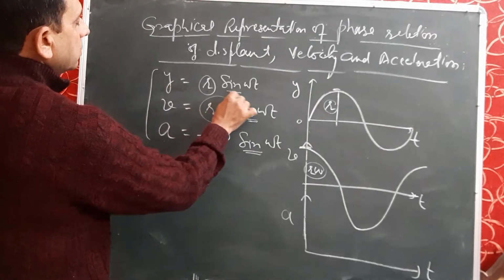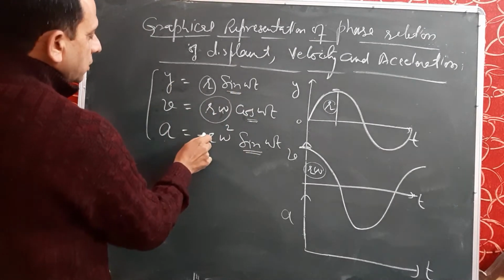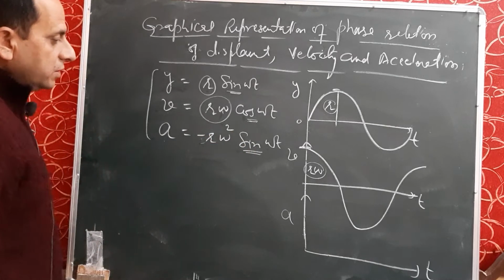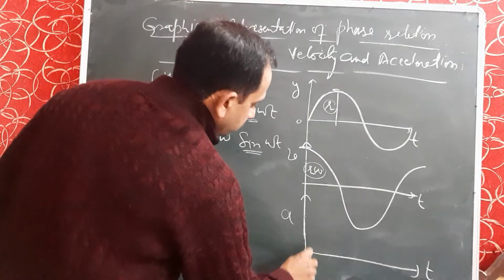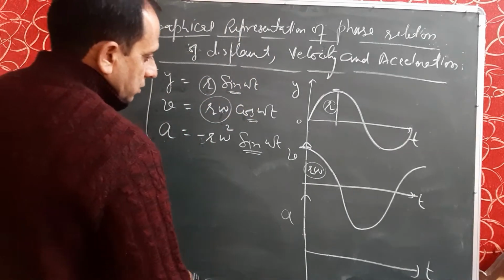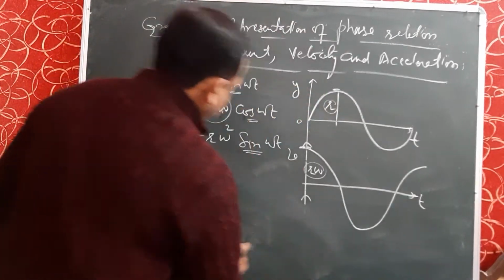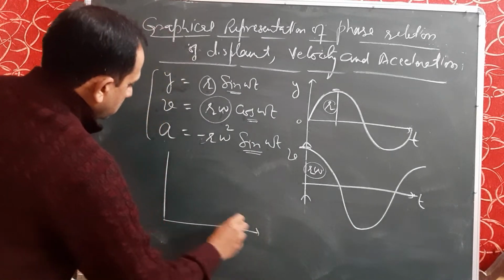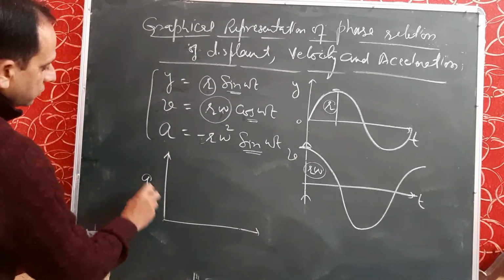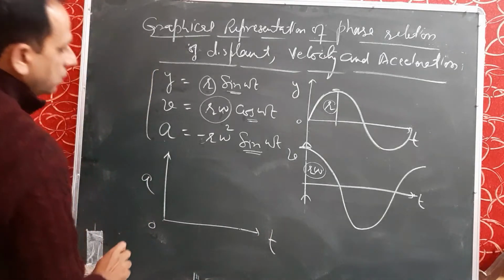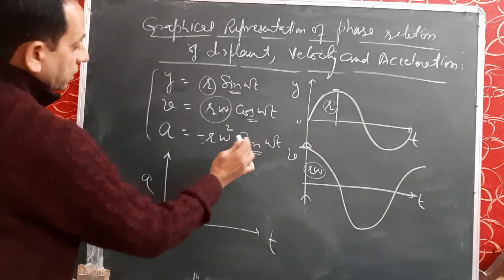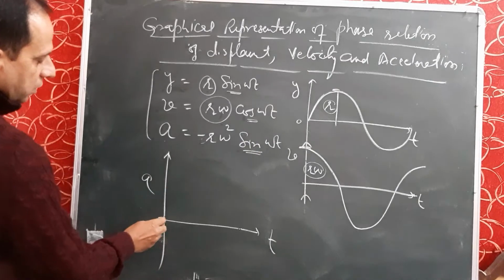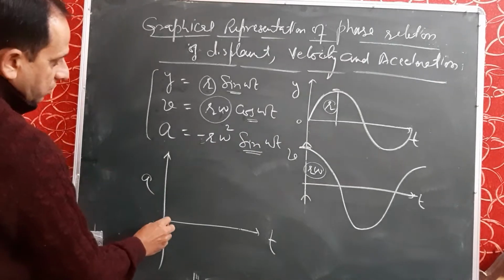First is also sine and third is also sine, but there is a negative sign, so it is minus sine. So, what is the graph for minus sine? I will draw this graph separately here. This is the graph of acceleration versus time from the origin, and the graph is minus sine. Sine always starts from 0, sin 0 is 0, but here it is minus sine.